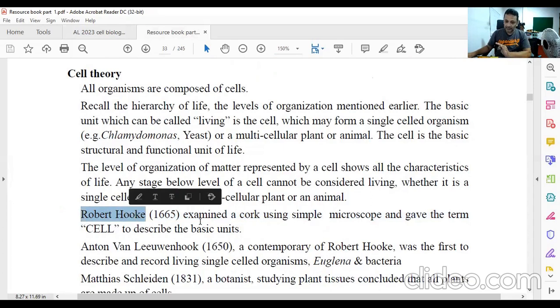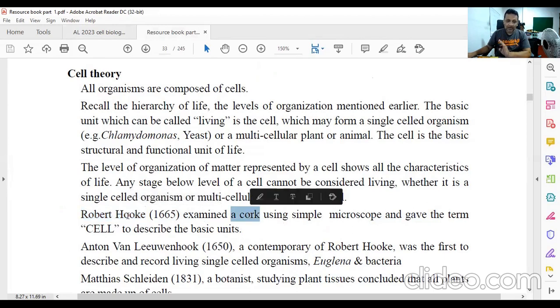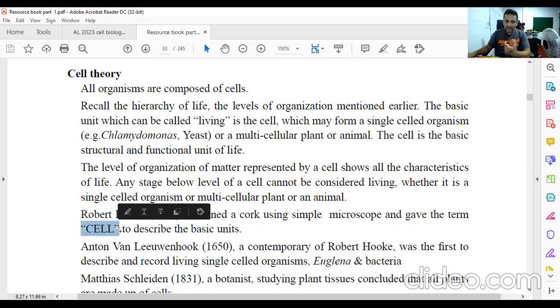Robert Hooke observed a piece of cork using a simple microscope and noticed the basic units of life for the first time. And he was the man who gave the word cell to the basic units of organisms.